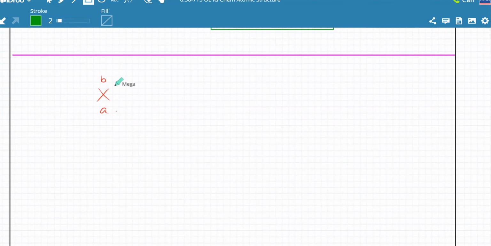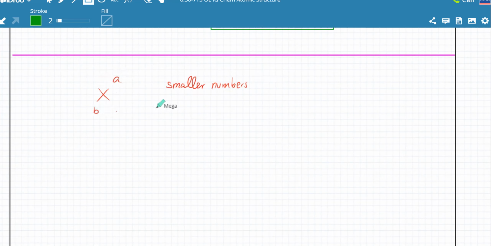B could be over here, A could be written over there, or in some periodic tables B and A are both written at the bottom, or A could be written at the top. We don't really care. What you should know is that there's going to be a smaller number. The reason I'm saying this is that they keep changing periodic tables a lot, and the position of these two numbers keeps changing.